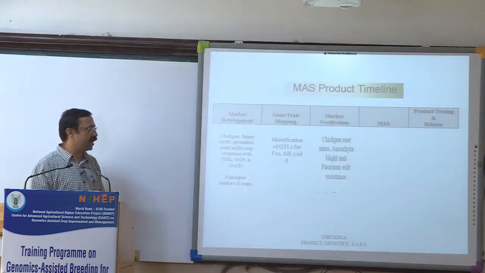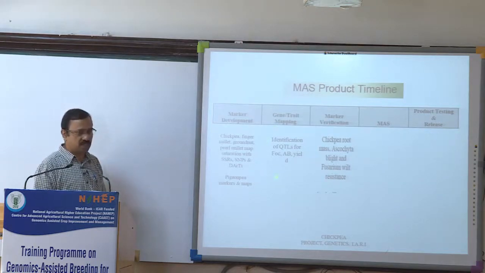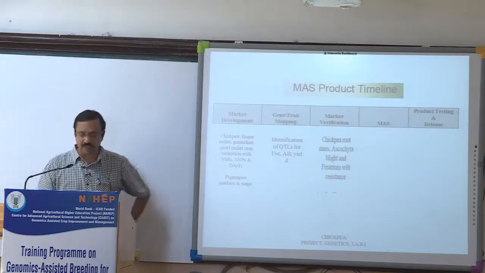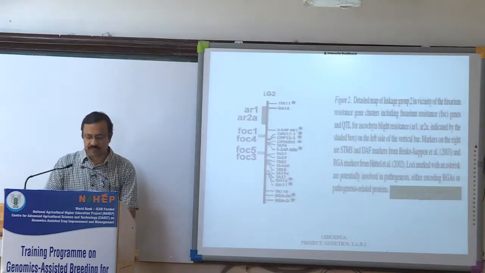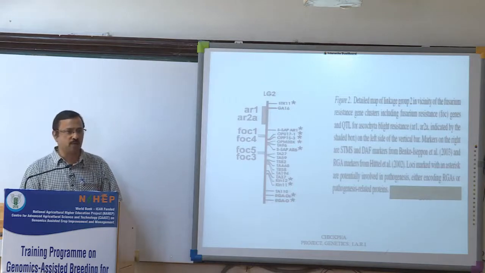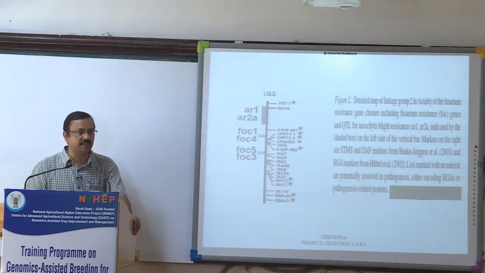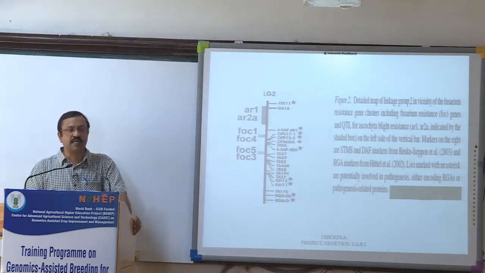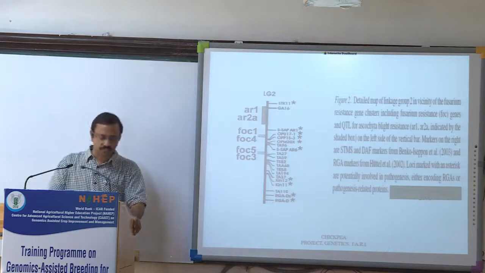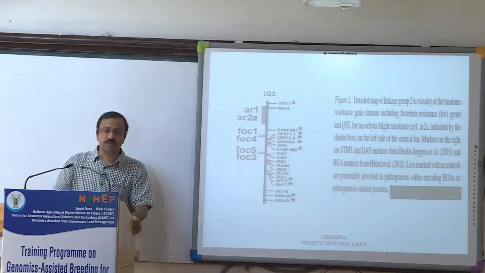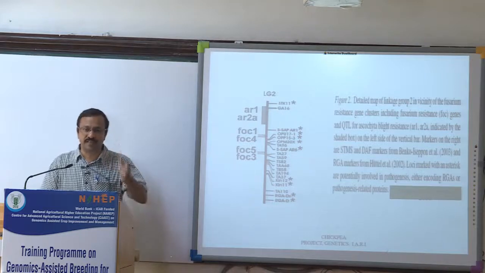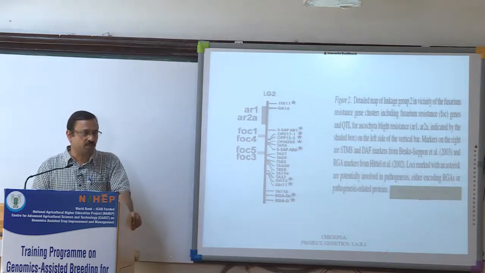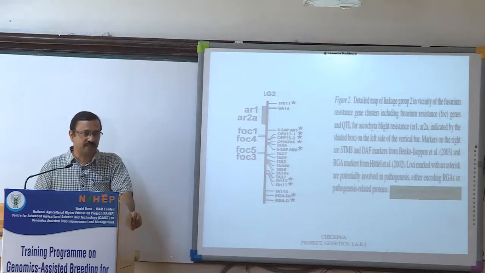That means we had a large number of markers developed in different DBT projects. We were also looking at some trait mapping, and then we were at the stage of marker verification. But around 2006 to 2010, some good marker maps were developed. Now this is one point where your students need to target one particular activity, what we call gap research.